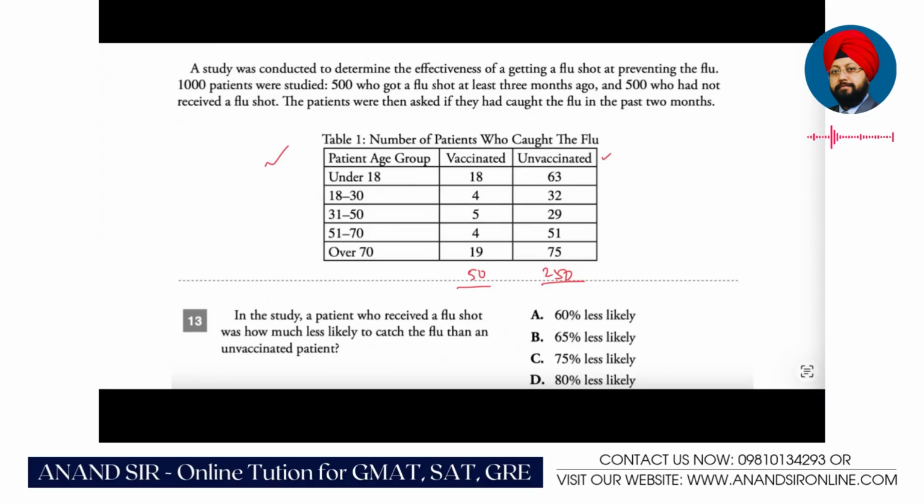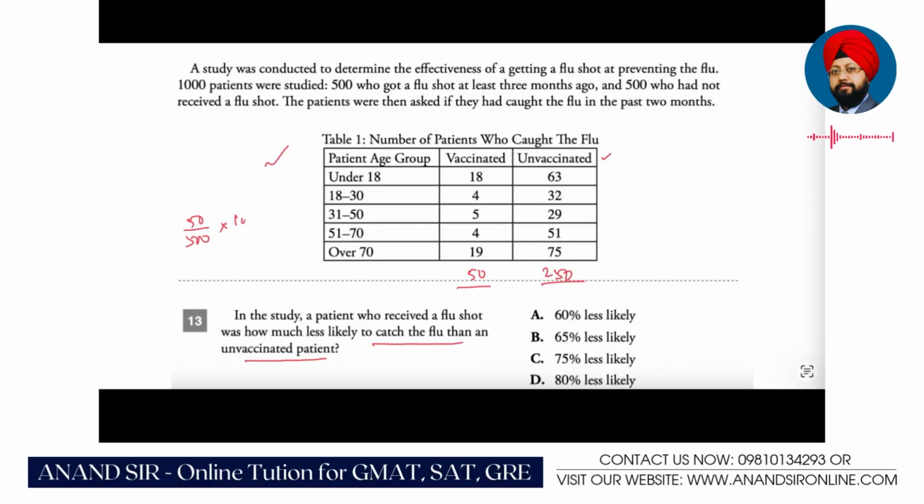Now the question is, in the study, a patient who received a flu shot was how much less likely to catch the flu than the unvaccinated patient? The vaccinated patients catching flu is 50 out of 500.